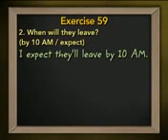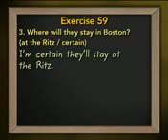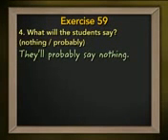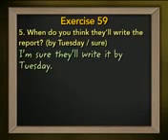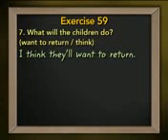I expect they'll leave by 10 a.m. I'm certain they'll stay at the Ritz. They'll probably say nothing. I'm sure they'll write it by Tuesday, and I expect it will take place at the airport. And finally, I think they'll want to return. Very good job.